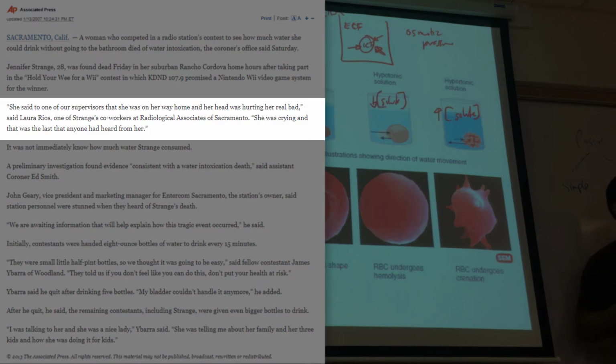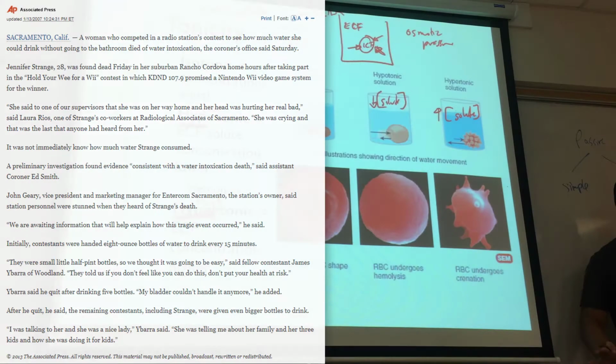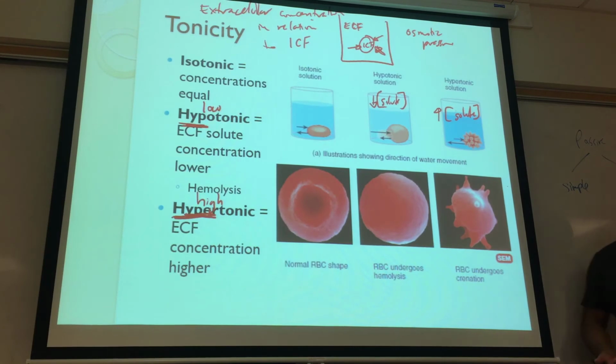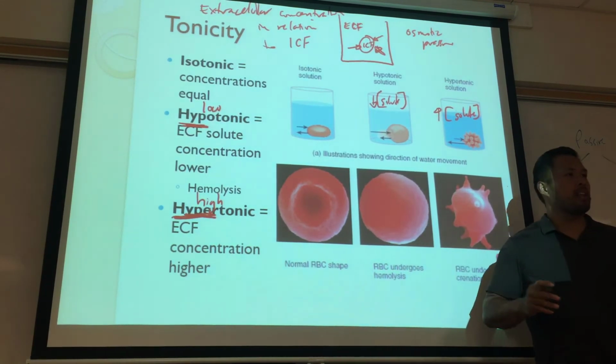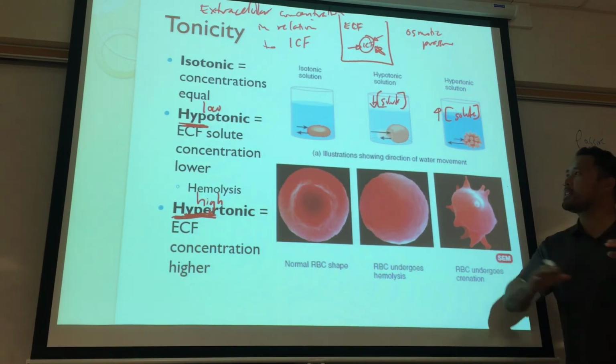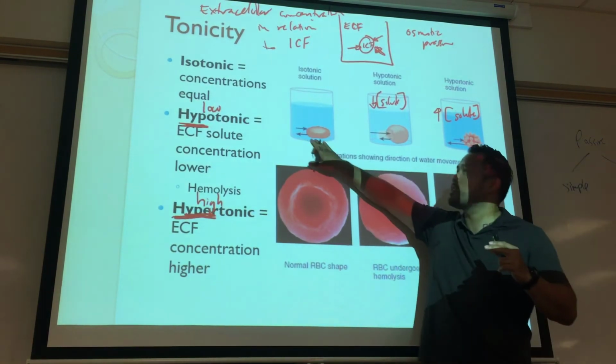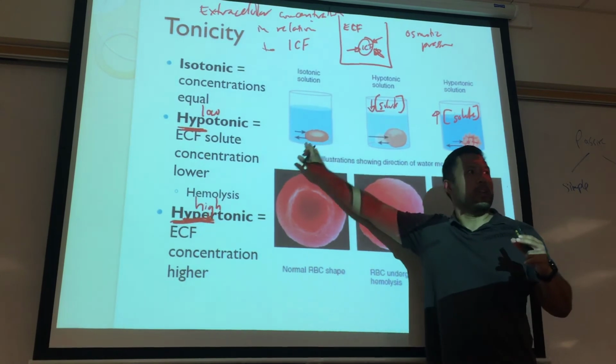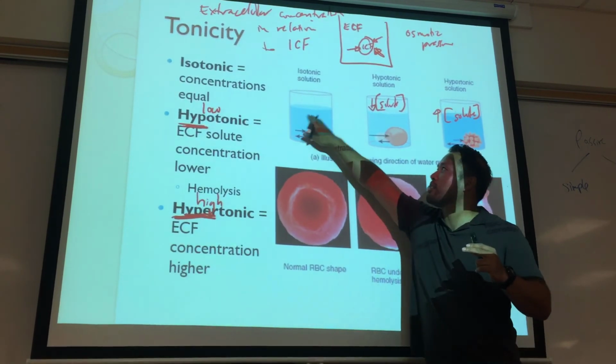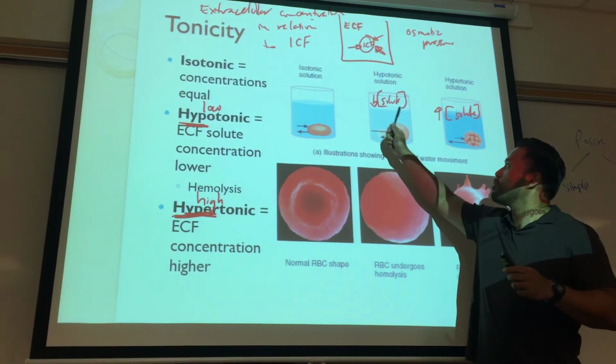On the air, you start to hear her mumble, and eventually she doesn't say anything, and they cut the audio feed from that point. What they found out was that lady died because she had taken way too much water. Think of those brain cells, which are immersed in an aqueous solution. What is that aqueous solution? It's blood. Eventually you'll bathe in this extracellular fluid, and you start filling it with more water.